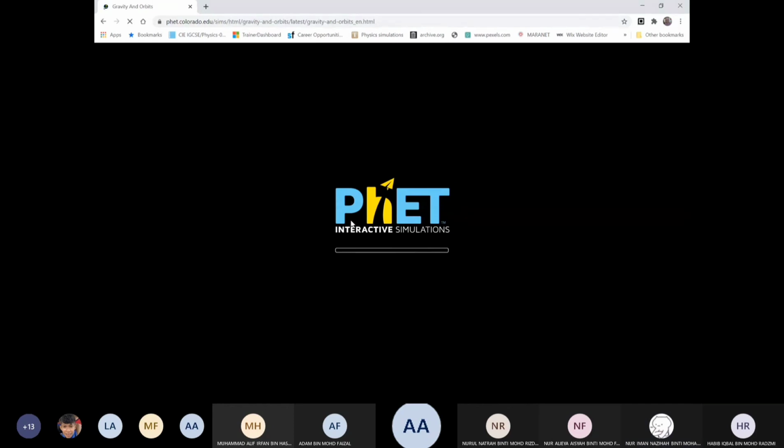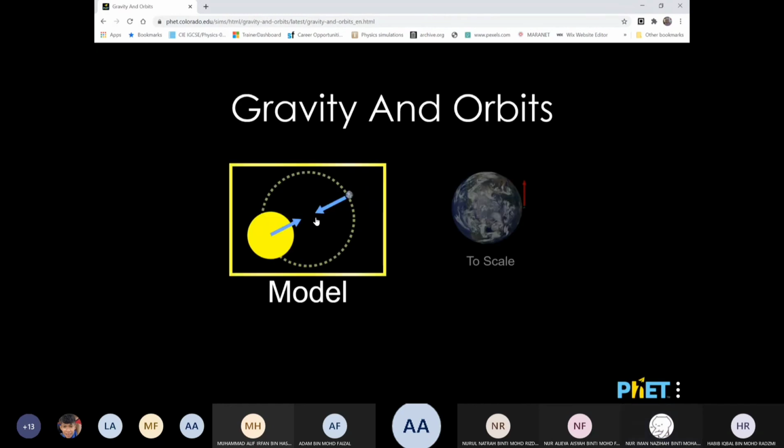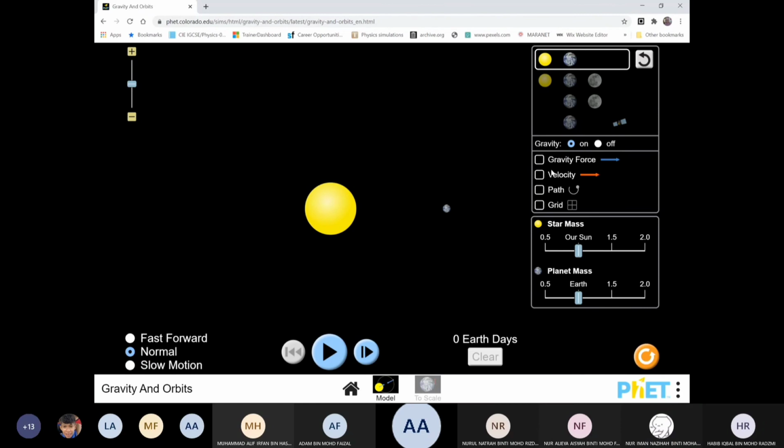Dah tengah hari sangat susah lah. Okey, kat sini awak boleh tengok macam mana gravitational force dengan velocity tu. Okay. So, kalau ada pergerakan, so itu orbiting ni moon. This is the Sun and this is the Earth. Okay, yang biru tu simbol apa? Biru tu anak panah menunjukkan gravitational force.